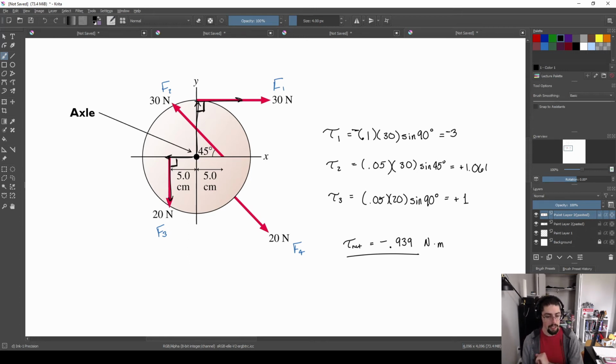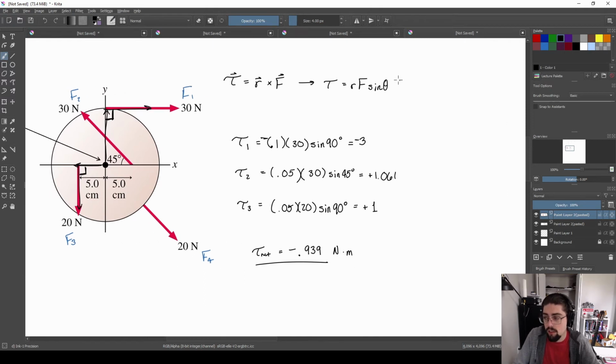Right, because technically speaking, if we go back to that same description as before, it's R cross F, which would give us a direction. That would have a direction already associated with it. But when we switch the definition to R F sine of theta, the direction is determined by the right-hand rule.